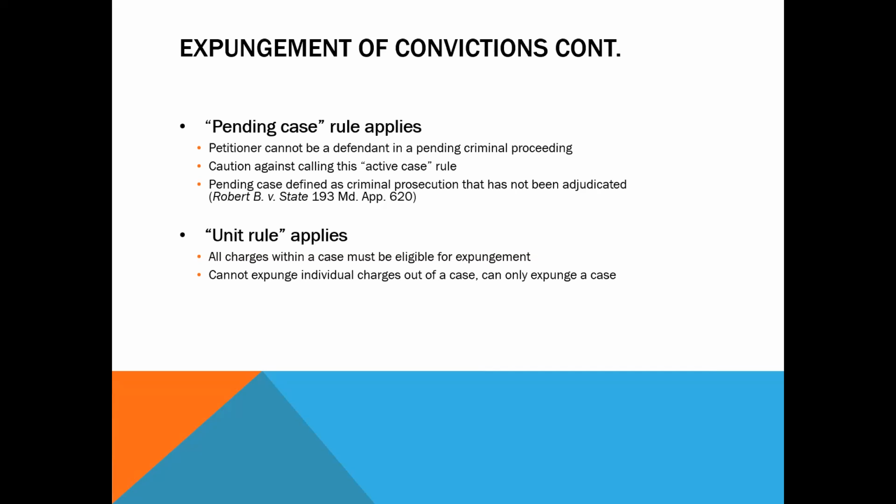However, the statute says a defendant in a pending criminal proceeding. And there actually is case law that defines that language as a criminal prosecution that has not yet been adjudicated. So if someone were incarcerated after a conviction, it's no longer pending.